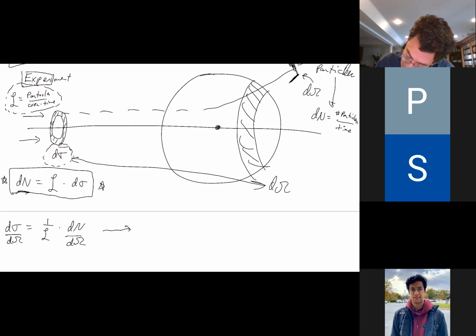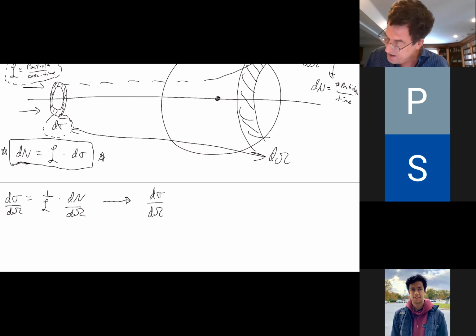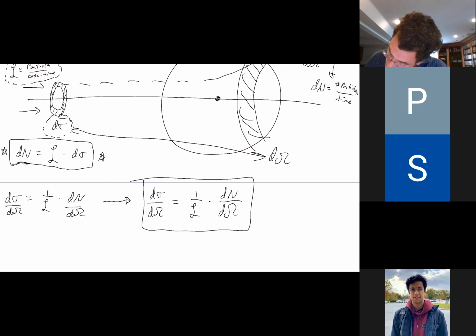And so look what I've just done. I'm showing you that this quantity, d sigma over d omega, the ratio between that little differential area and the solid angle that the particles go through, is equal to 1 over the luminosity times the number of particles per time that I measure divided by the solid angle subtended by the detector. So this is the number of particles per time that I measure, and this is the solid angle of the detector.